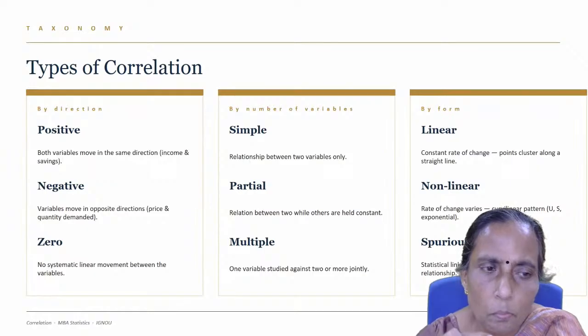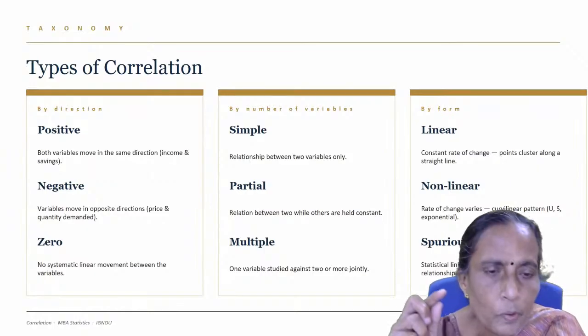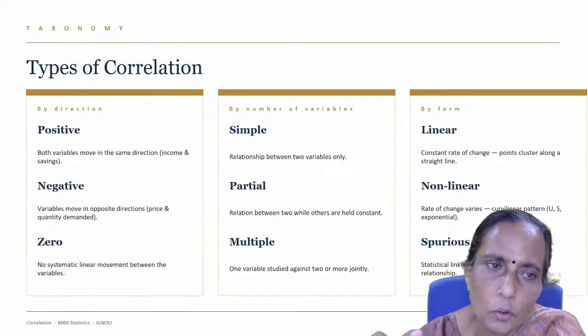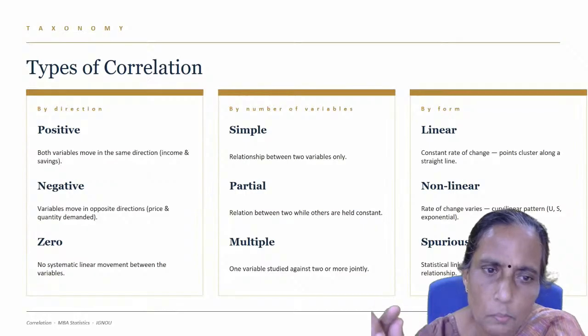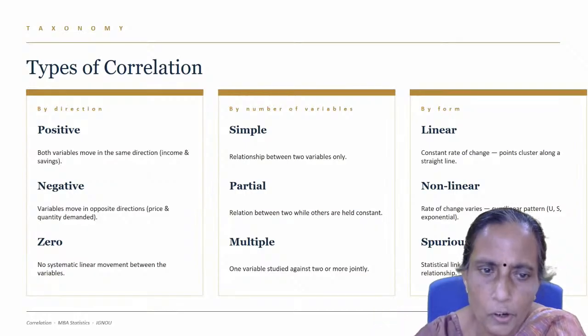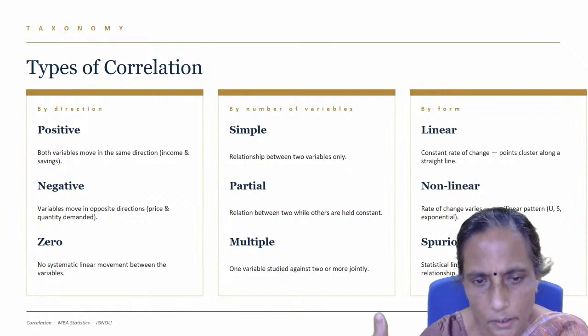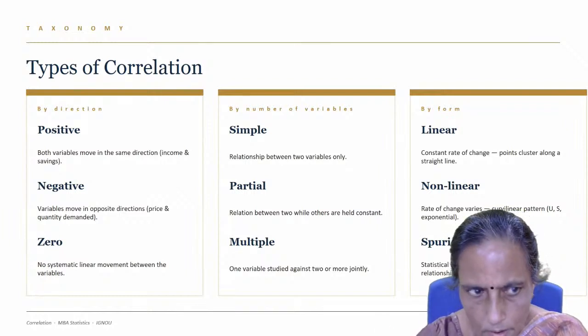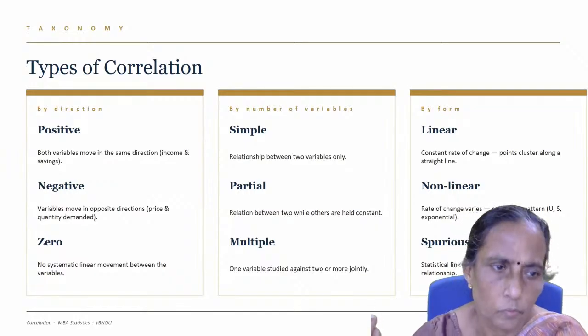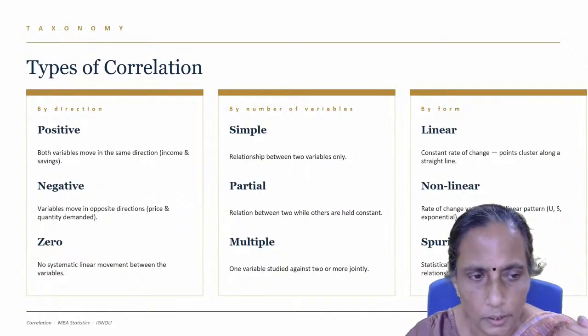If both variables move in the same direction, then the correlation is called positive correlation between both variables. Suppose the income of an employee increases, then the savings also increase. So income and savings of an employee are positively correlated.